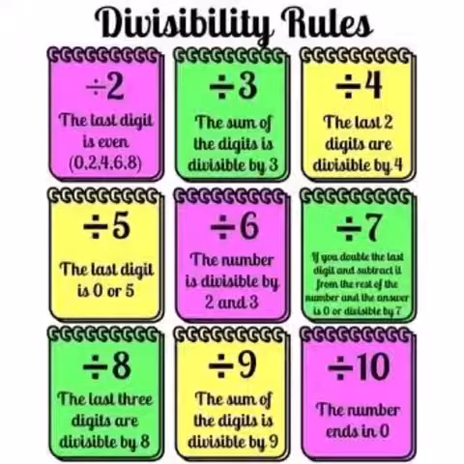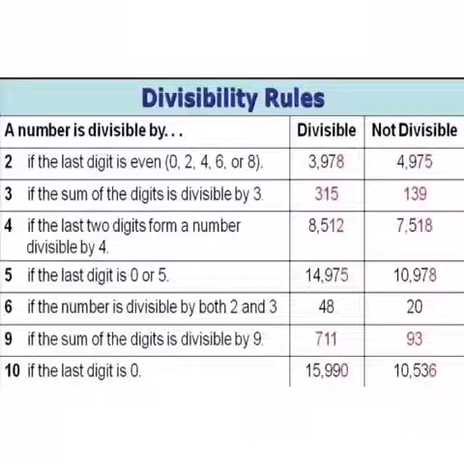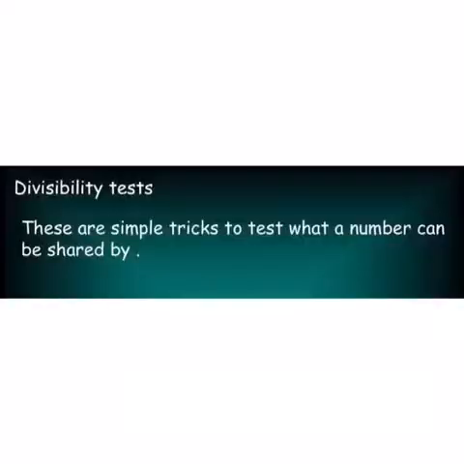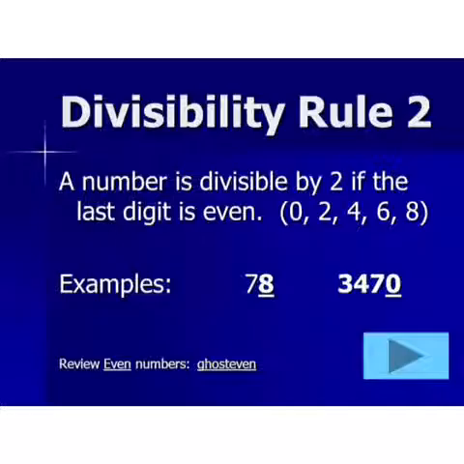Divisibility says that one whole number is divisible by another if after dividing the remainder is 0. A divisibility test or rule is a shorthand way of determining whether a given integer is divisible by a fixed divisor without performing the division, usually by examining its digits.